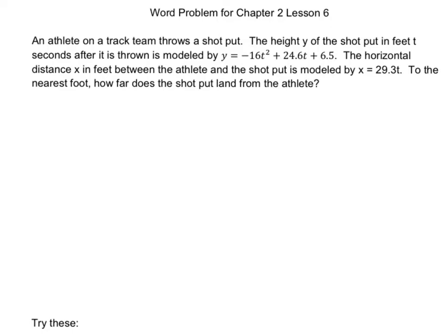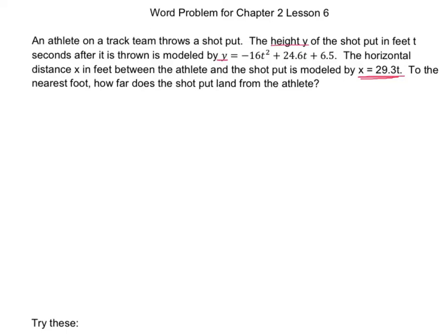So this formula right here, x equals 29.3t, tells us how far away the shot put is. In order to solve that, though, we need to know what t is. We want to know the time when it hits the ground. Well, the height of the shot put is y, and y is right here.